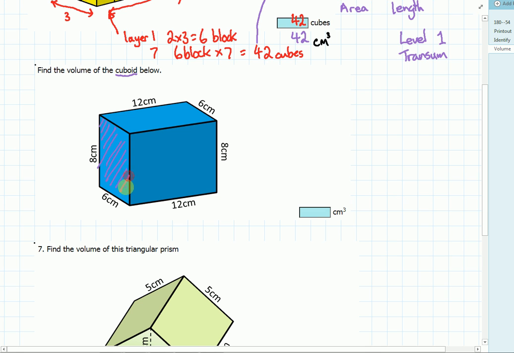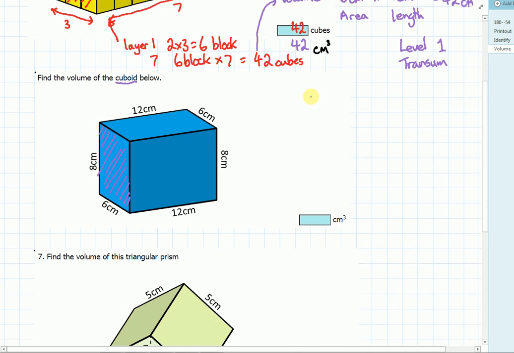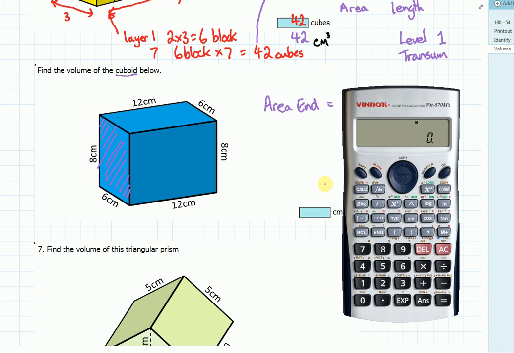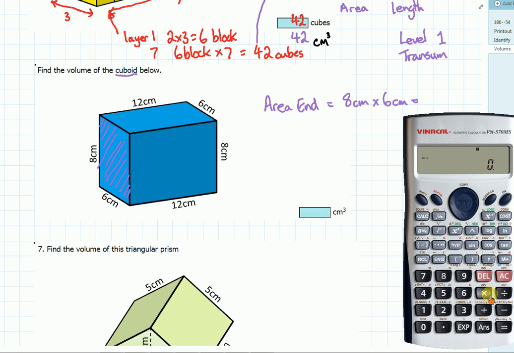Now we're skipping out the counting blocks from before, and we're just doing the area of the end. So the area of the end is 8 centimetres by 6 centimetres. Grab your calculator if you need to. The area on the end is 8 by 6, 48 centimetres squared.